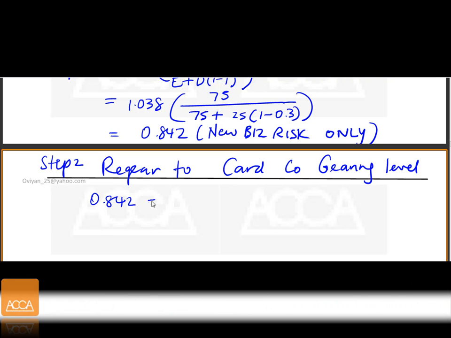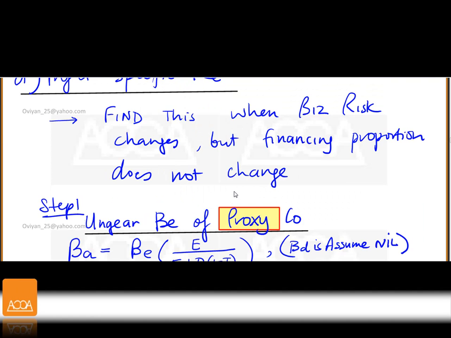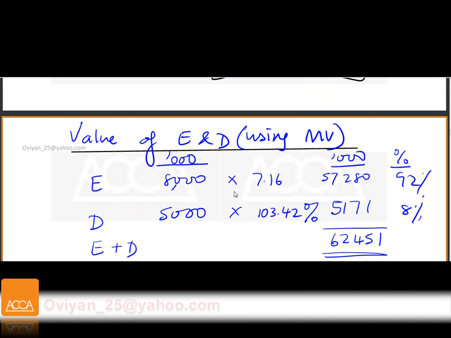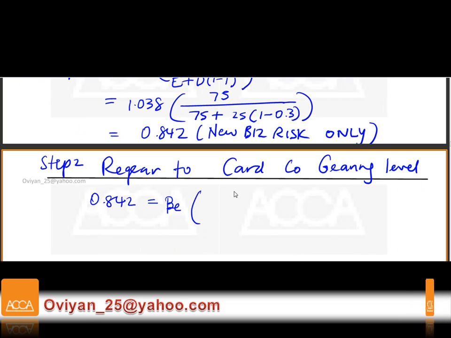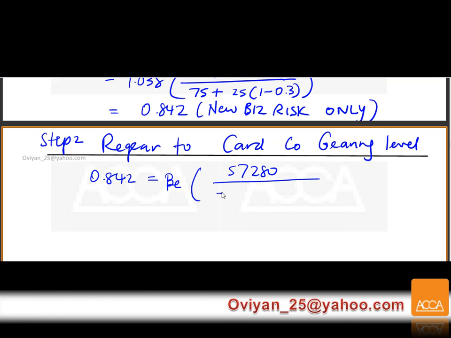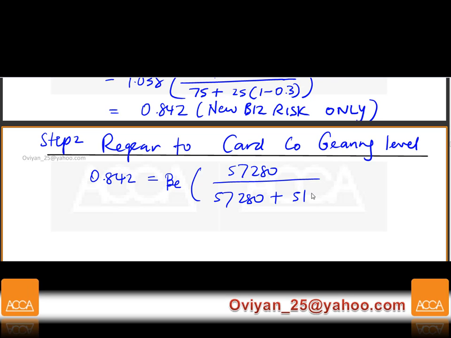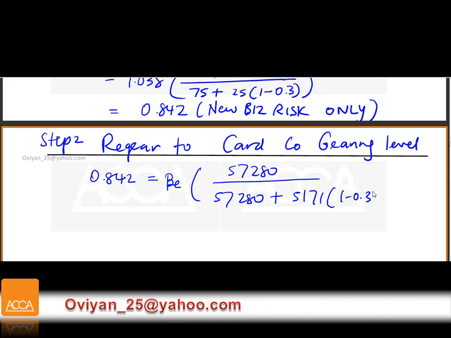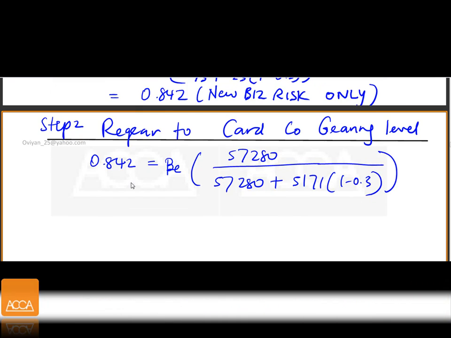0.842 equals beta equity over equity. Now the equity, we got it from the valuation here, 57280, 5171. So putting in the figure, 57280 over 57280 plus 5171 multiplied by 1 minus 0.3, your tax rate.